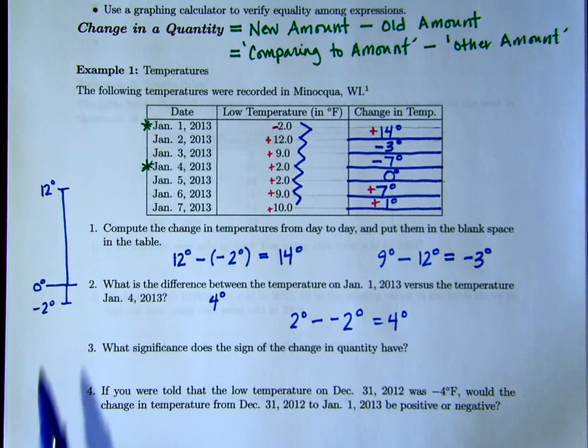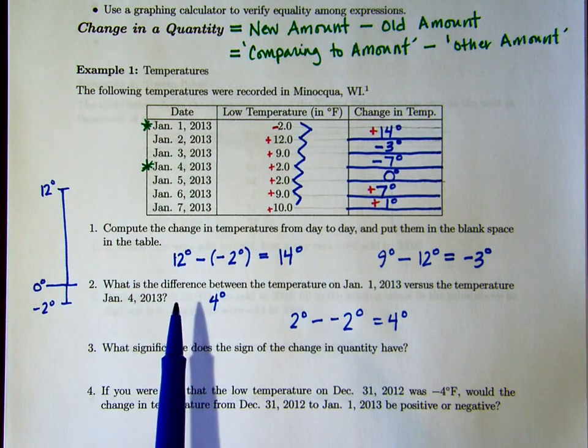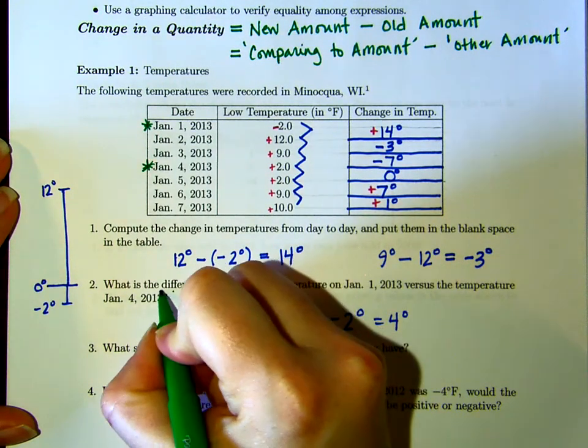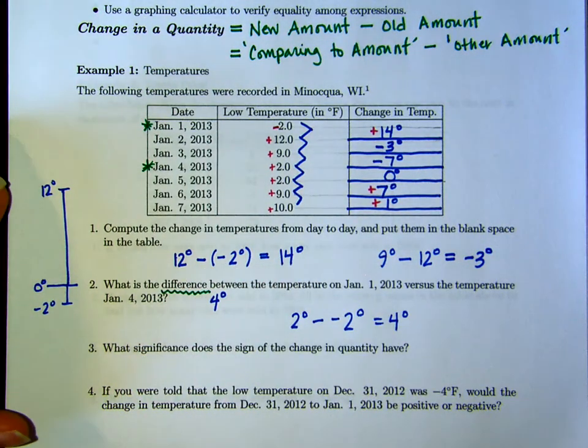Now when we talk about the difference, a lot of times we will force it to be positive. So a little side note here, this word sometimes can be interpreted to mean we don't care about the sign, whether it's positive or negative, we just care about how far apart they are.